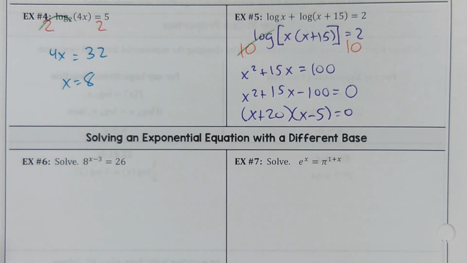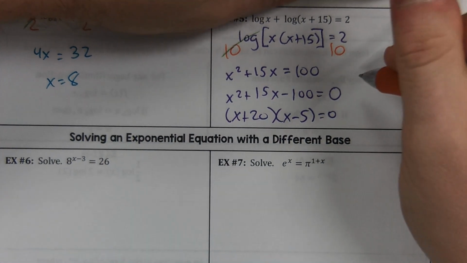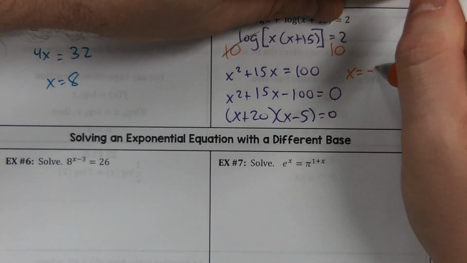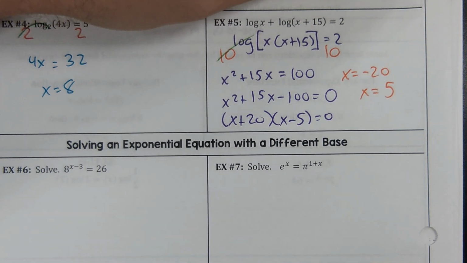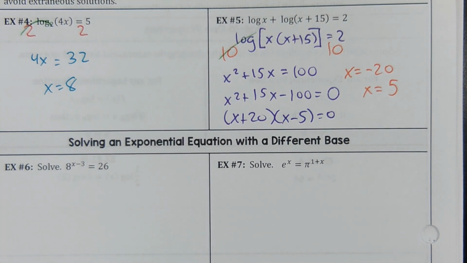Leading us to our two values for x. That gives me x equals negative 20 and x equals positive 5. But only 5 is positive. Now hold on. For this question, x equals negative 20 is extraneous. But please listen, I don't want you to think that x equals negative 20 is extraneous simply because it was a negative answer.